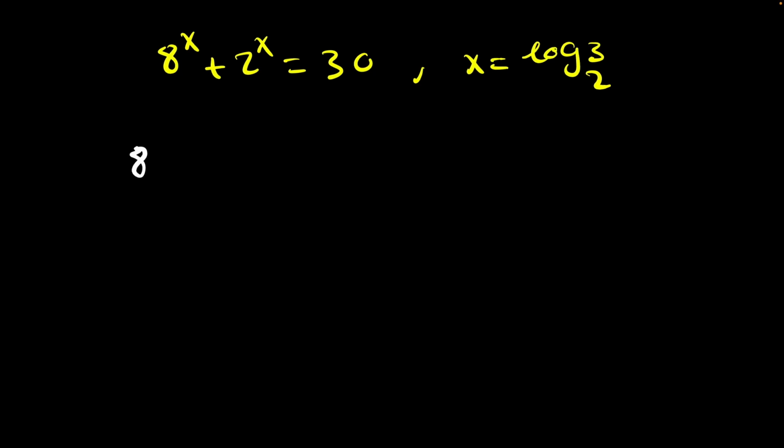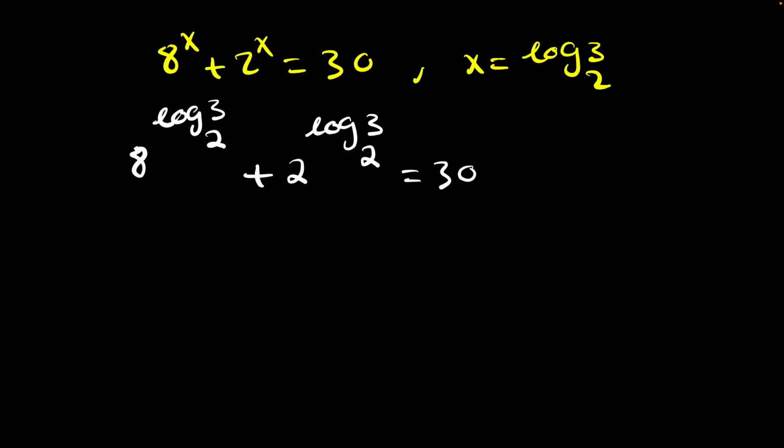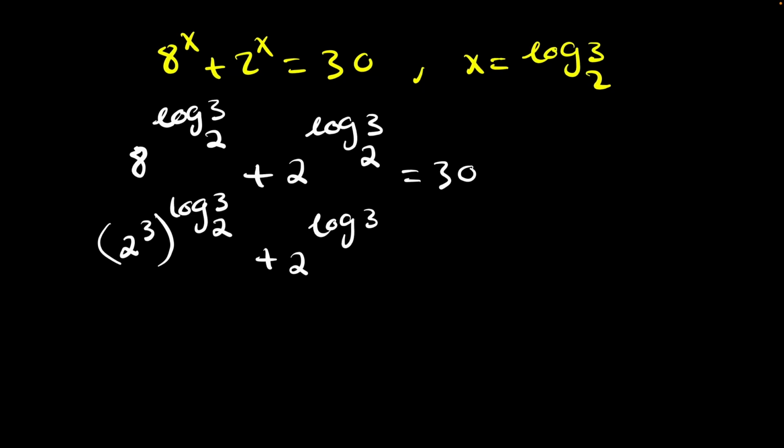So 8 to the log 3 to the base 2, plus 2 to the log 3 to the base 2, is equal to 30. Really good. And I'm going to factorize 8. I can write 8 as 2 to the 3, so 2 to the 3 log 3 to the base 2, plus 2 to the log 3 to the base 2, is equal to 30.